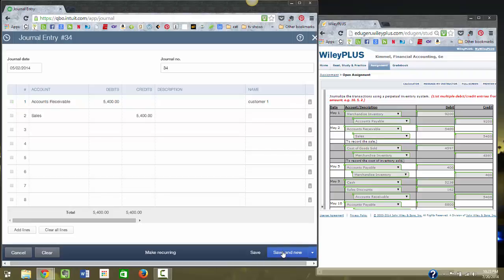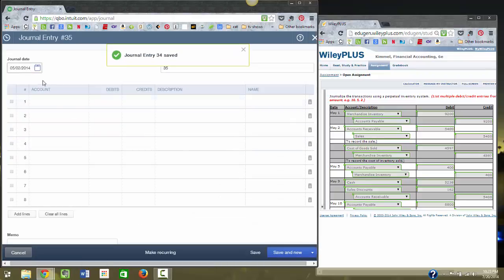This is actually a two-parter, so we're going to stay on May 2nd. We've recorded the sale. Now we need to record the cost of the inventory sold. And it lets us know that the cost of the merchandise was $45.97.